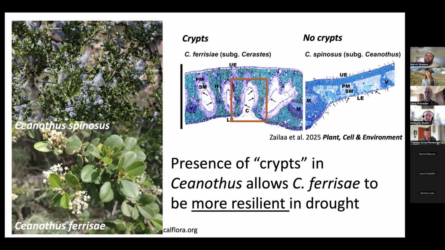And what's cool about at least Ceanothus ferrisiae is that it has these crypts, and the ability of the plant to maintain a humid environment around its stomata helps it deal with the trade-off that plants have, where they have to lose water to do photosynthesis. And if, for instance in San Francisco, you planted a plant that maintains a humid environment, it potentially could either do very well or lead to leaf fungal problems that could actually be detrimental in the long term.